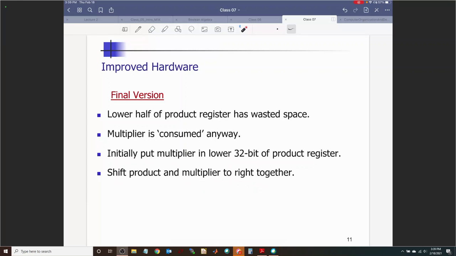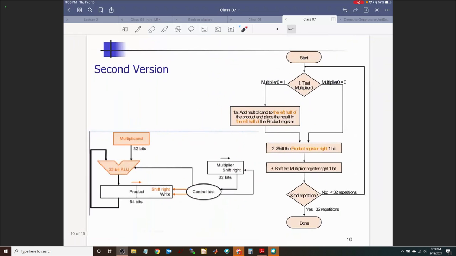So essentially, if I go back to the second version, instead of starting everything as zeros and adding and shifting, we can put the multiplier itself into the 32-bit field over here, because when you shift right, you are going to throw away that bit anyway. And instead of throwing out zeros, we can actually throw out the bits of the multiplier because they are not useful after they have been consumed.